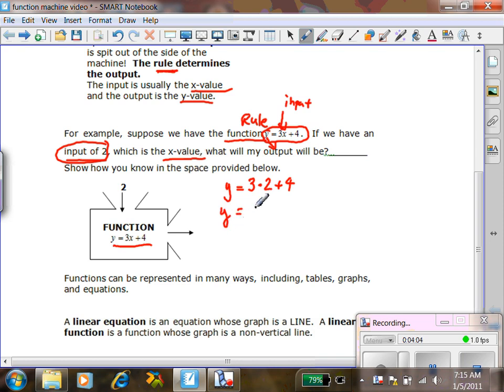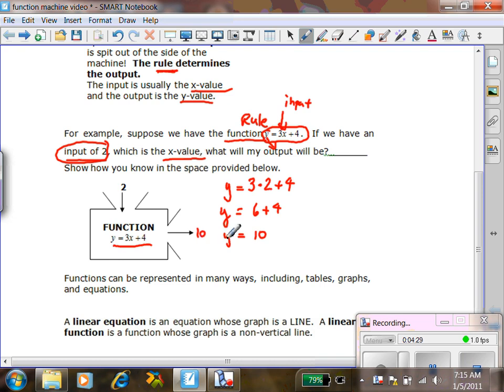But first, we have to figure out what that number is. So while it's booping, we have to do the math here. So 3 times 2, and don't forget your order of operations, would be 6. And then we add the 4. So y equals 10. So when I put in 2, I'm going to spit out a 10.